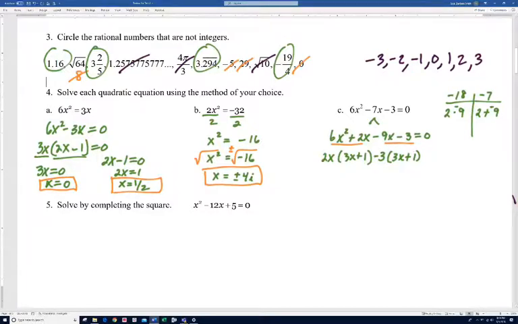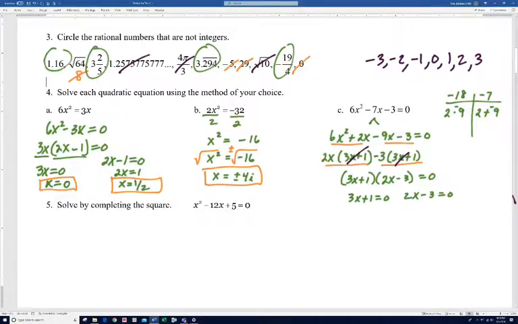All right, so we have two terms, and the GCF, or the greatest common factor, would be 3x plus 1. If you cross those out, you can see the other factor is 2x minus 3. Now remember, we're solving an equation, so we'll set each of our factors equal to 0. We've got 3x plus 1 equals 0, and 2x minus 3 equals 0.